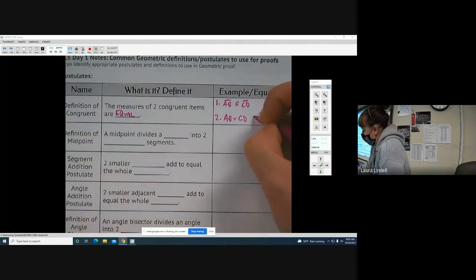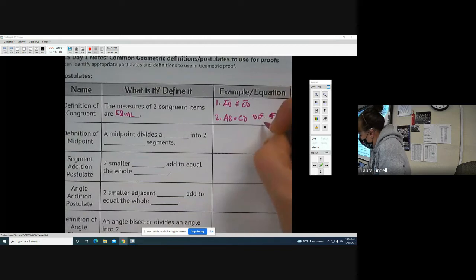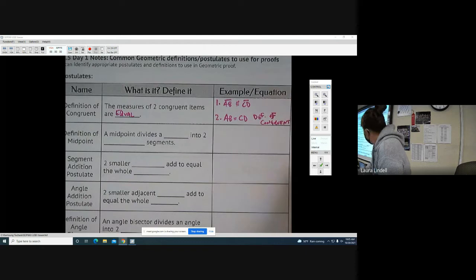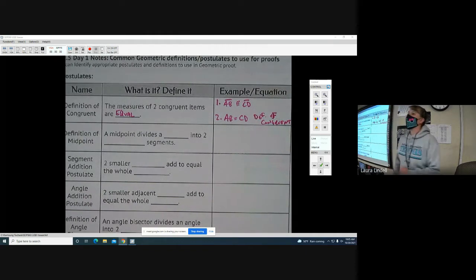So then we would put over here under reasons, definition of congruent. If you want to abbreviate definition with DEF, you're welcome to.